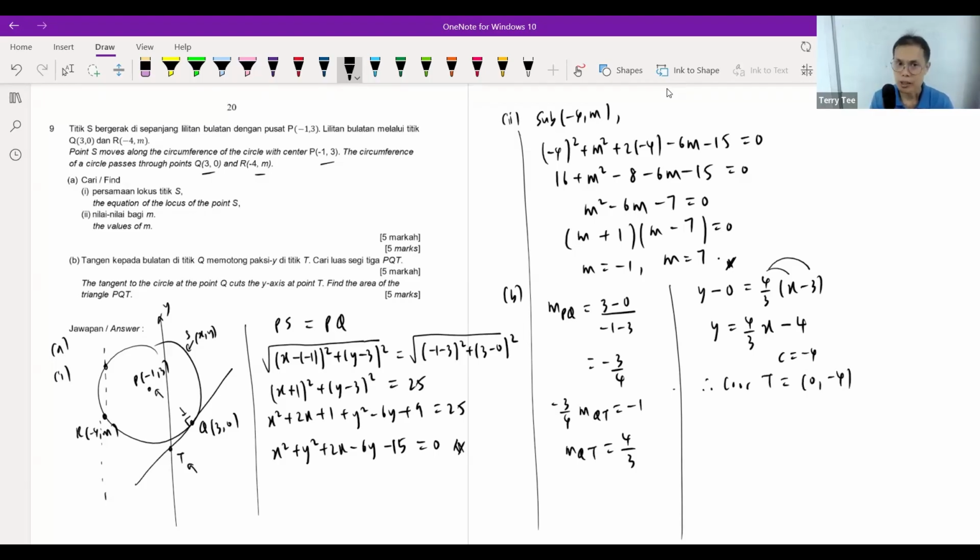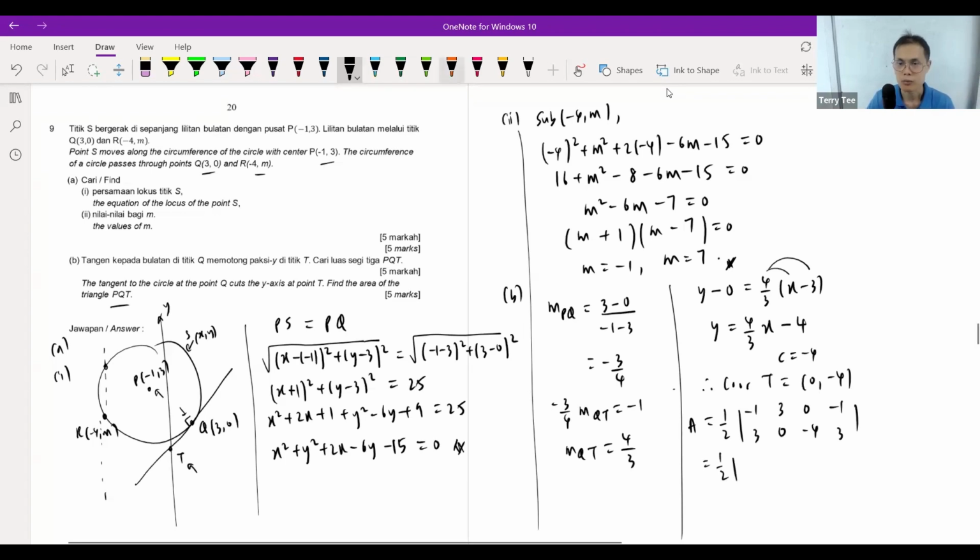So I've got point P, point Q, point T. Let's use the formula for the area of a triangle to find the area of triangle PQT. We start with half. P is -1, 3. Q is 3, 0. T is 0, -4. Repeat the first point.